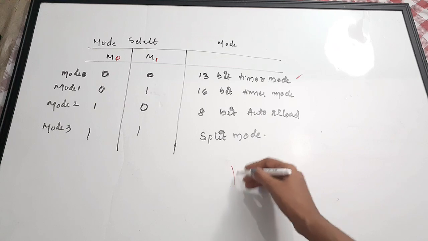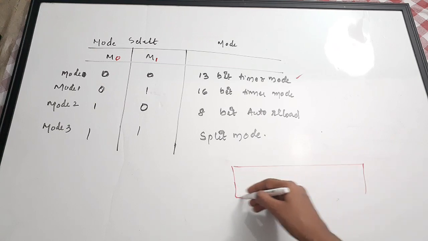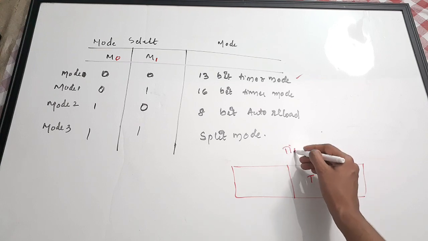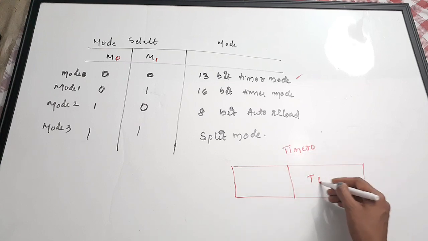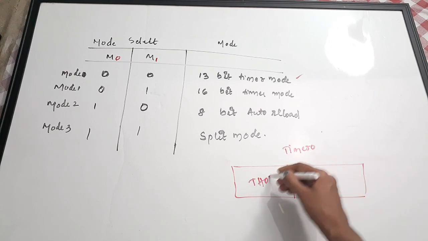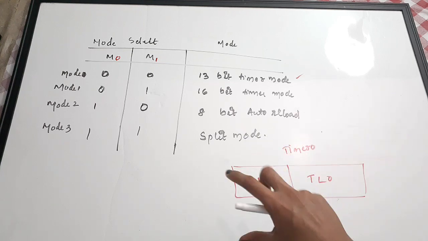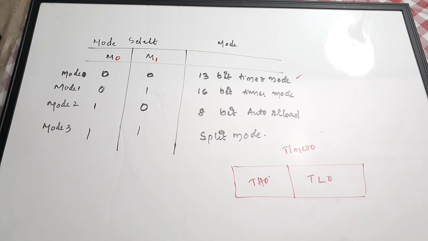So for a timer, it can be timer 0 or timer 1, let it be timer 0. There is a TL0 and TH0. There is a minimum value for the timer and a maximum value up to which the timer will run, and after that it will overflow.